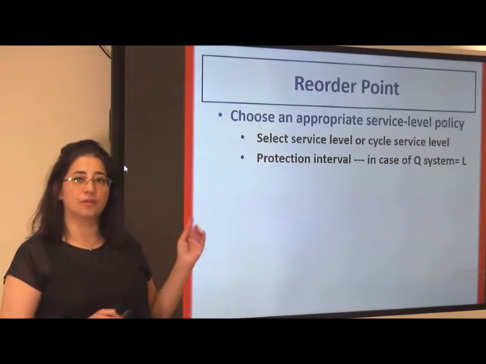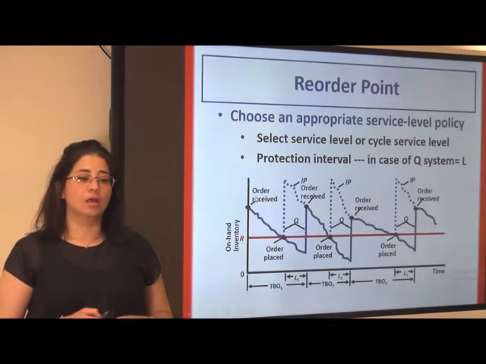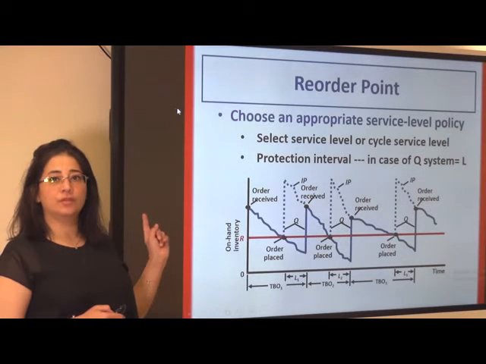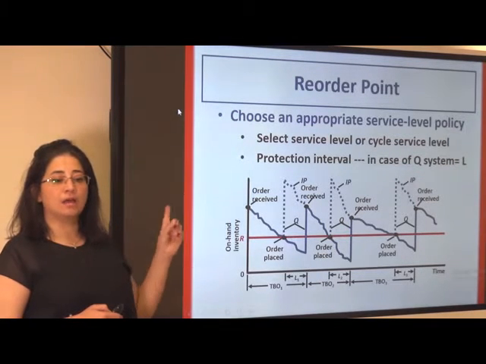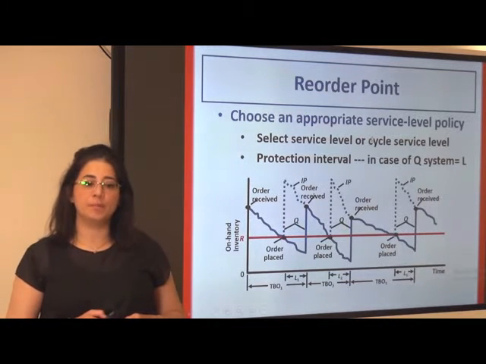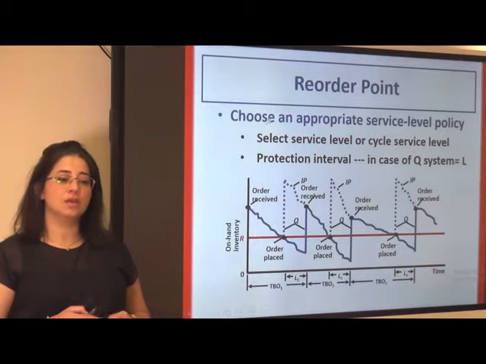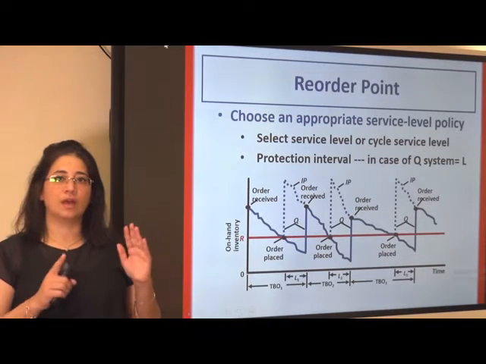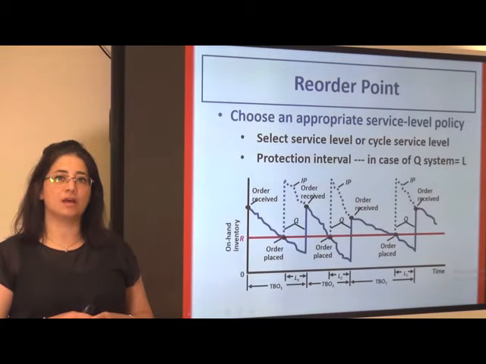As for the reorder point, as you can see from the figure again, R should cover the pipeline inventory that we have mentioned earlier. Pipeline is the inventory that is needed for the material to be received. The lead time is the time between ordering and receiving the order.